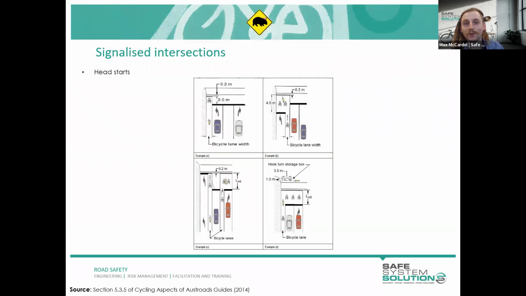We did talk quickly about the idea of providing head starts at signalised intersections. You will find this info within the Austroads guides. Generally, the most common way to apply it, so there is information exactly when you would apply either A, B, C, or D. So either a head start that's only in that section or across the whole lane itself.